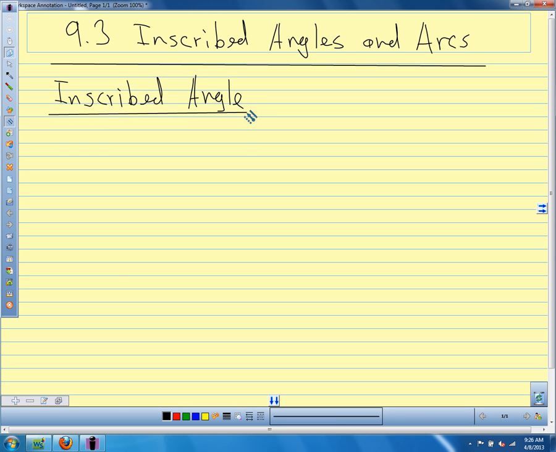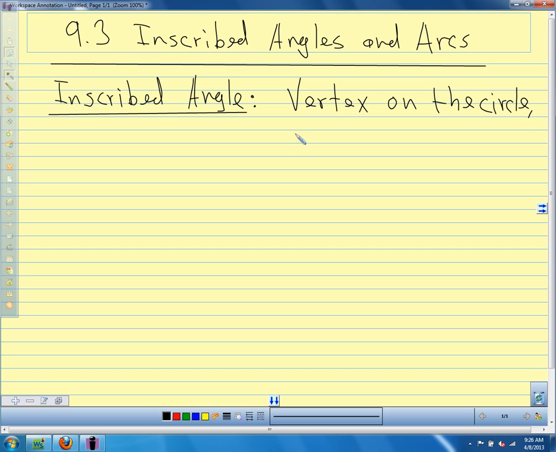An inscribed angle is an angle in a circle with its vertex on the circle and the sides are chords of the circle. So our vertex is on the circle and the sides make chords of the circle.